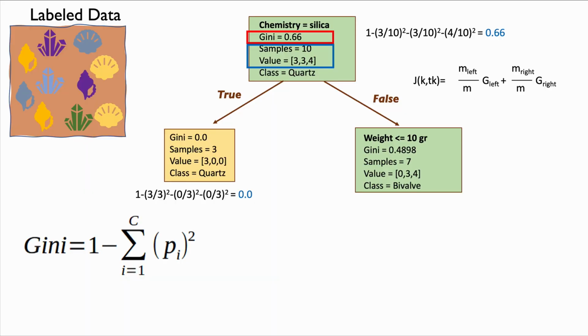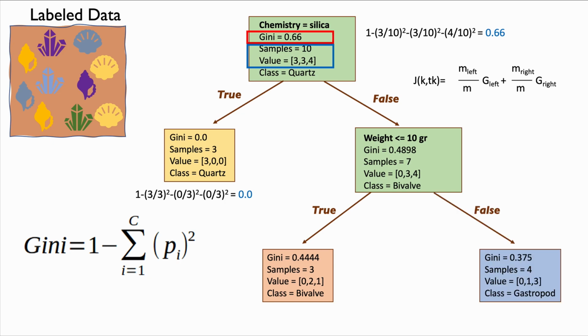So in this case, I said, is the weight less than 10 grams? And just for argument's sake, I'll say that if it's true, most of the samples falling in that class are actually bivalves. So we have 3 samples, 2 are bivalves, 1 is a gastropod. And when it's false, we have 4 samples, 1 is a bivalve, and 3 are gastropods.